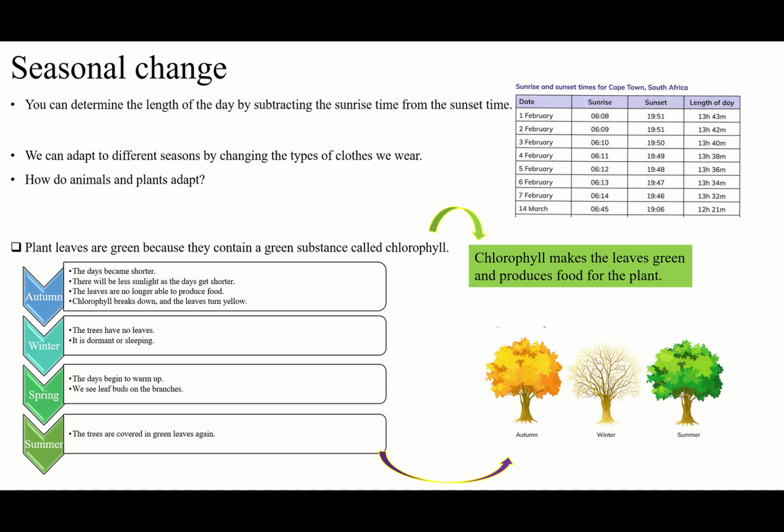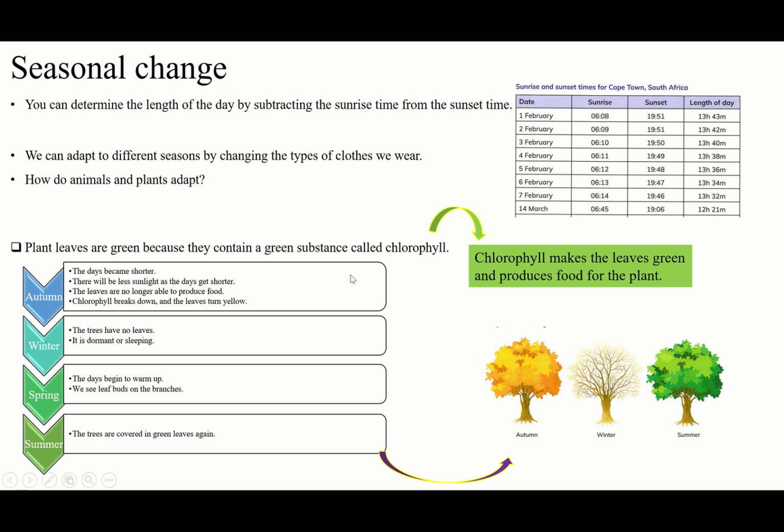After summer, it comes back to autumn and the leaves start to fall off and change colors, and chlorophyll will break down. So it means, guys, this is a circle. In autumn chlorophyll breaks down, changing to yellow and falling off. Then in winter there is no leaf. In spring leaf buds appear on the branch. In summer it's covered with green leaves.